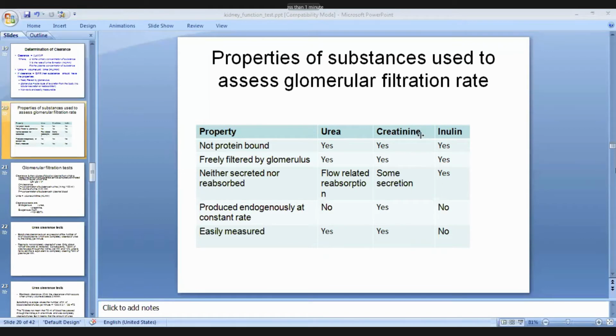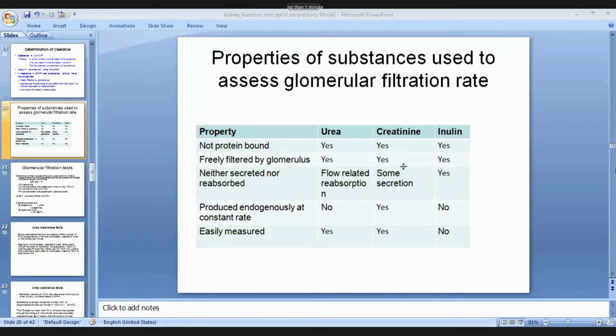They should have the properties we have already discussed: filtered by the glomerulus, the glomerulus as the sole route of excretion, non-toxic and easily measurable.